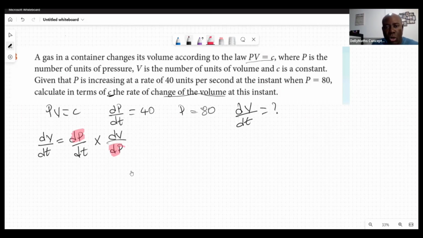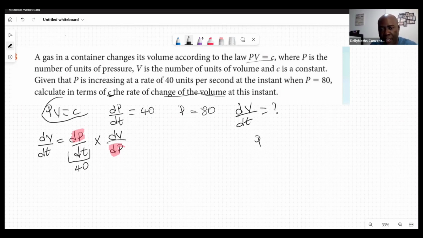So what I'm going to do now is to take, because I have this already. This is 40 right there, right? So I'm going to take this formula here, and set it up in such a way that I could get that dV dP from it. What do you mean? I'm going to make V the subject, right?